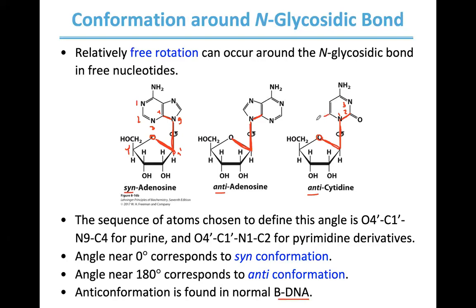Basically, you look on the left-hand side and on the right-hand side. What do you think? Would it be because if it was syn cytidine, the oxygens would be repelling each other?